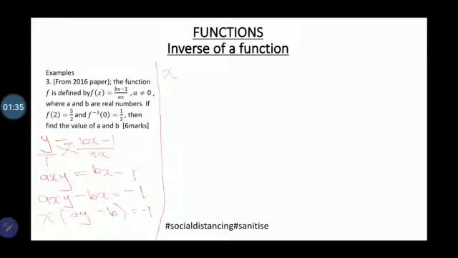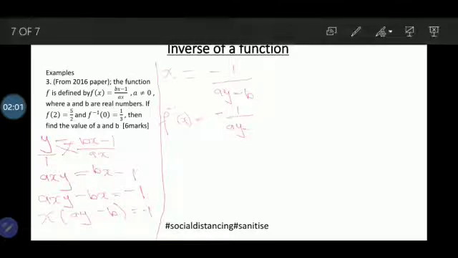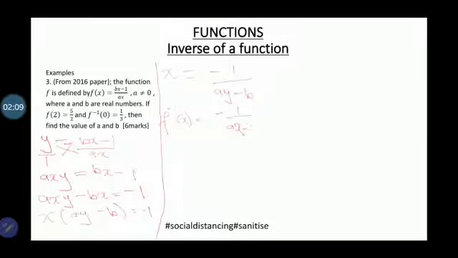Therefore, dividing throughout by ay minus b, so we can just have x on this side, we have minus 1 over ay minus b. We replace x with f inverse of x, so f inverse of x is equal to minus 1 over ay. Sorry, replace y with an x as well, so it should be ax minus b. So this is our inverse function of f of x.